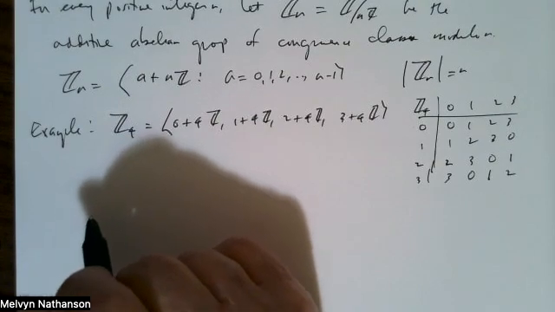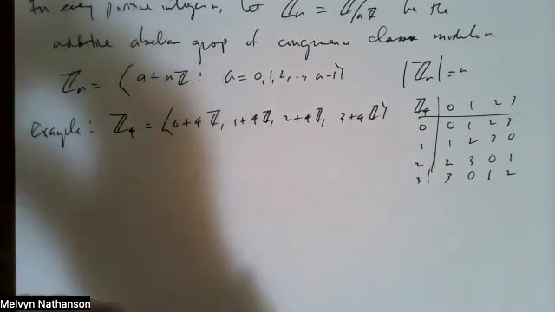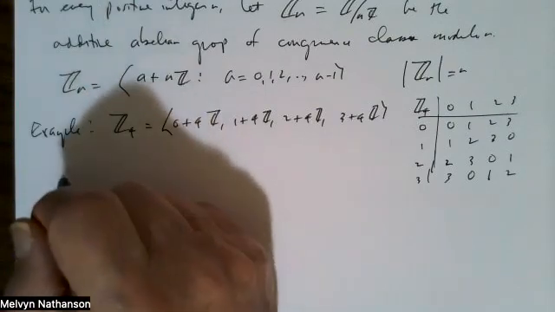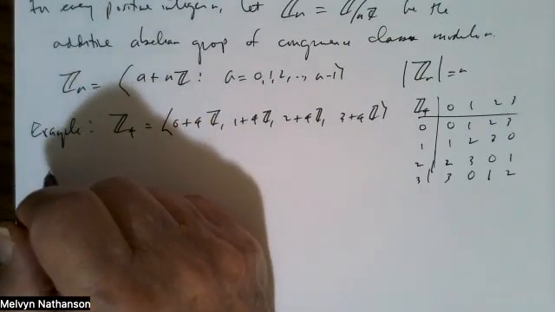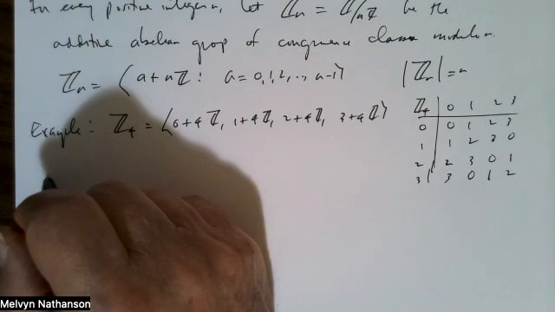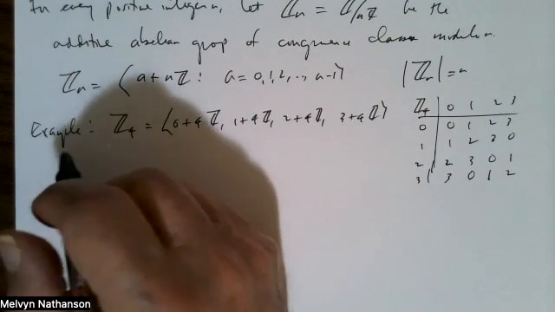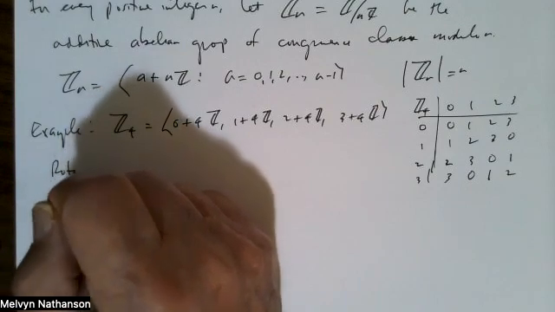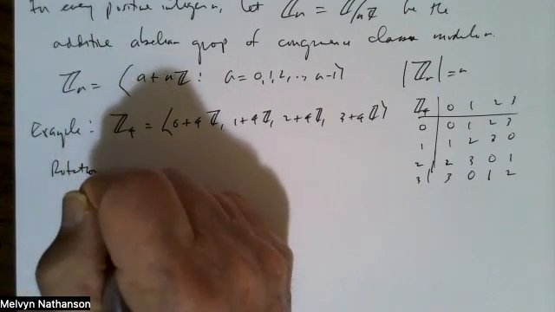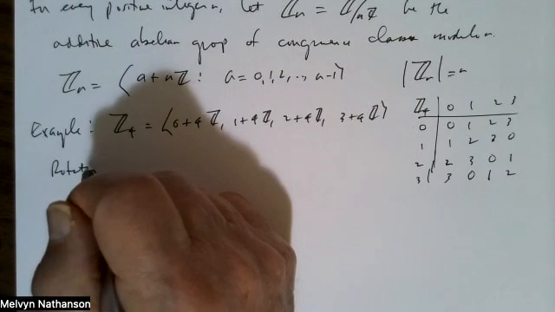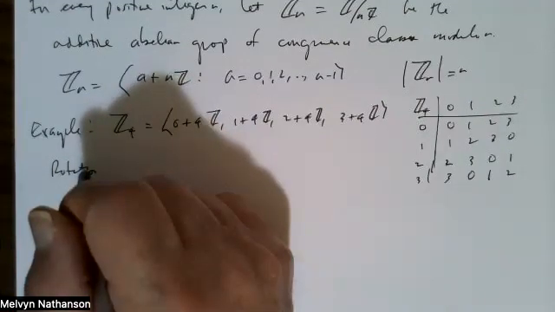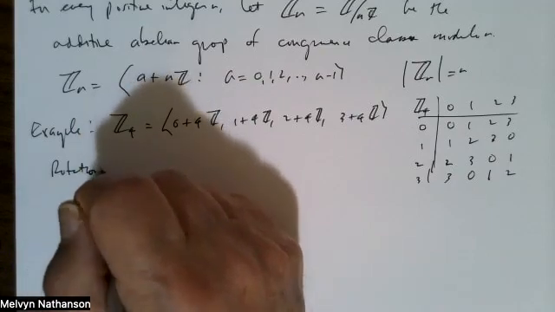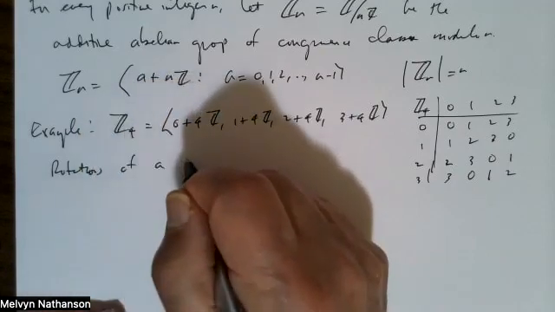Let me give you an example of another group with 4 elements that's fundamentally different. Suppose I take rotations of a rectangle.